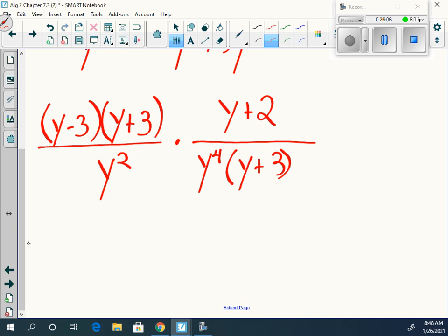A lot of y's. Like hanging out with a 5-year-old, right? Okay, so we can multiply these together. So the y plus 3 and the y plus 3. Anything else?